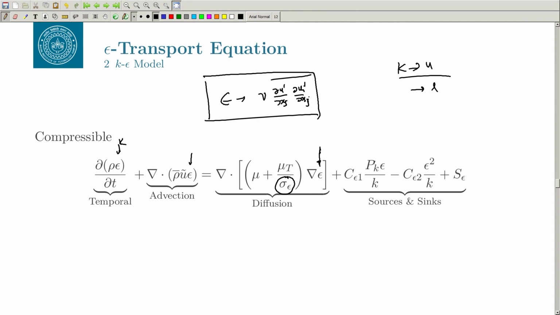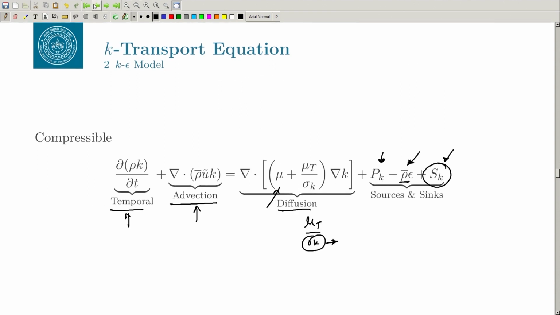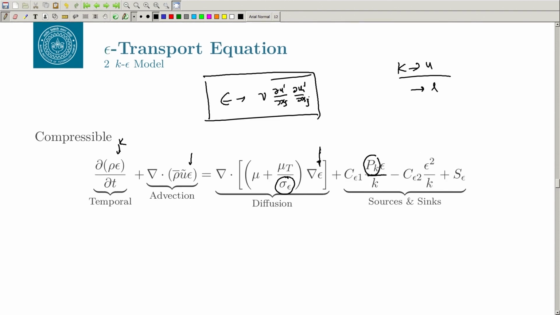And then for the source term, you will change this P k to epsilon. We had this P k earlier in the kinetic energy equation; we will multiply it with epsilon and divide by k, and then use another constant, which is C epsilon 1. Again, this epsilon transport equation is heavily modeled. It is not derived from first principles.